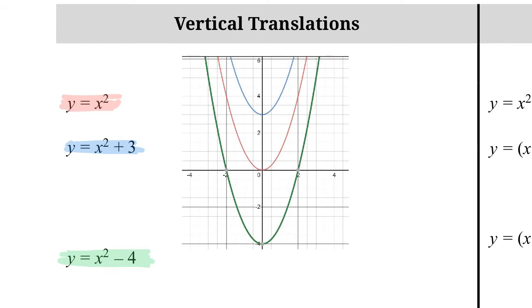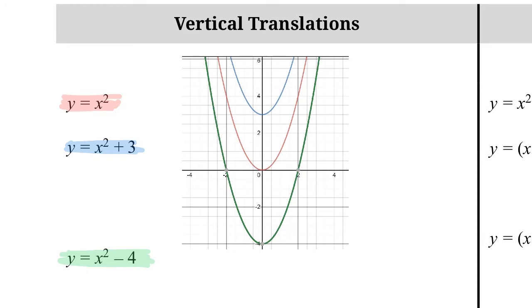And how many units has it moved downwards? Well, again, if we were to compare the vertex, the vertex on the parent function was 0, 0. The vertex of our new graph has shifted downwards to 0, negative 4. And remember, the only thing that we changed in our equation was we added in this value of negative 4.